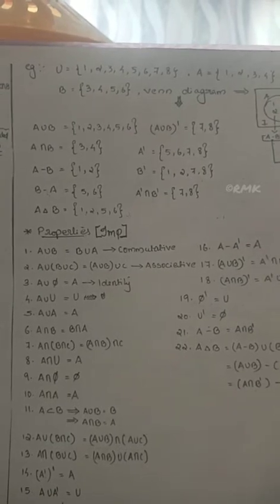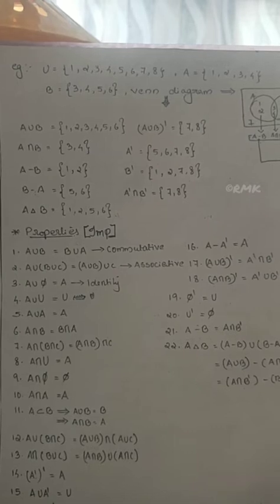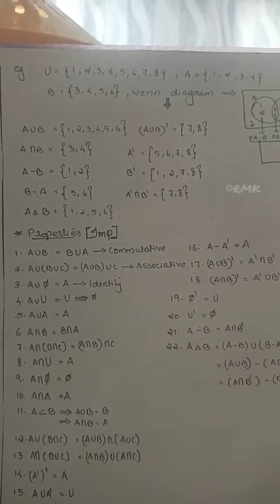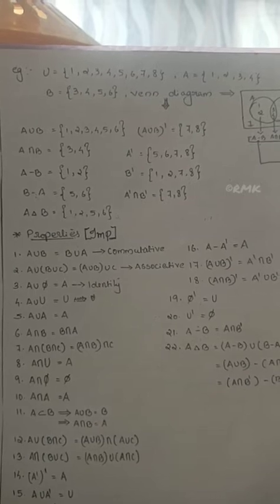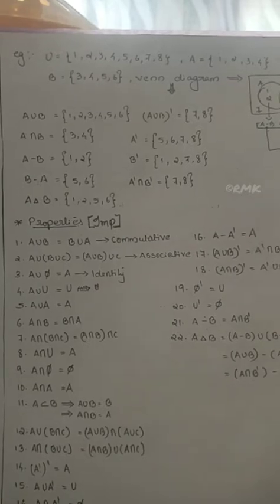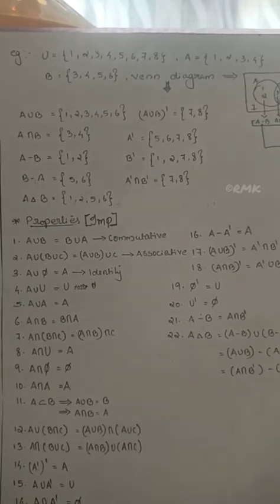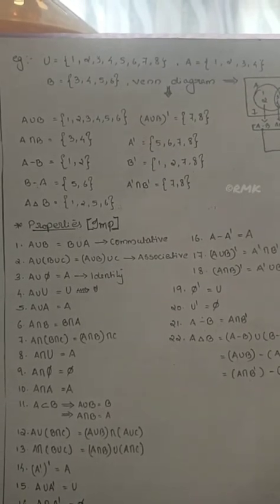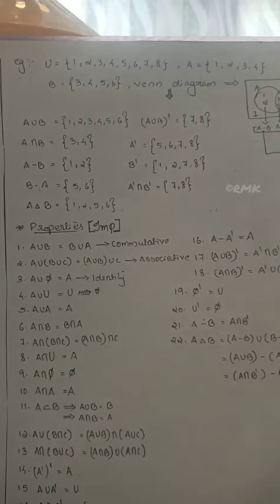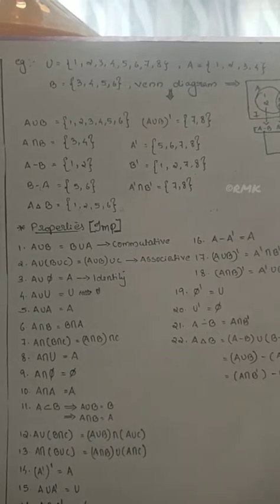A intersection B is the common members between A and B, that are 3 and 4. A minus B is contained in A, not contained in B. So 1 and 2 are contained in A, not contained in B. So A minus B is {1, 2}.